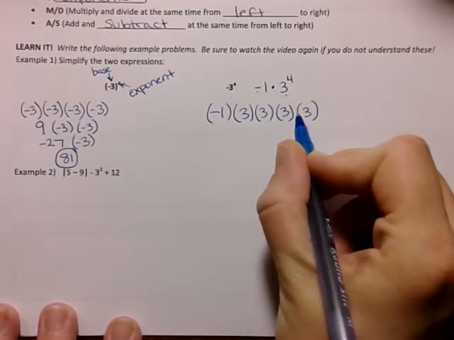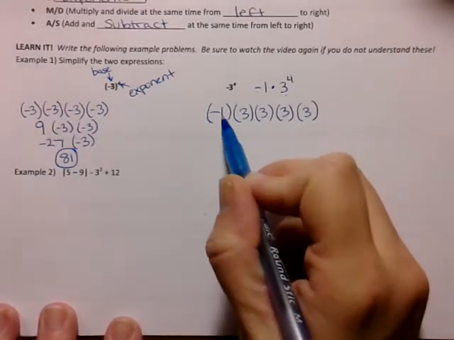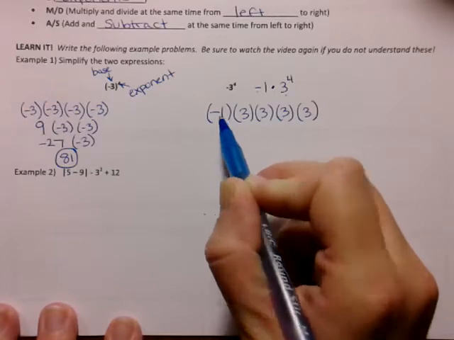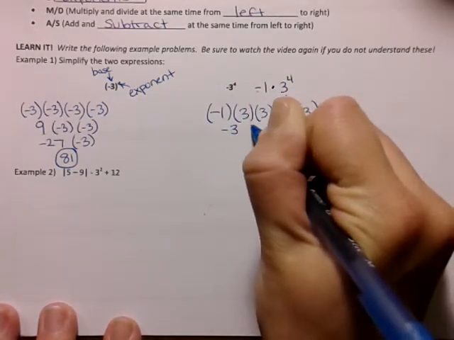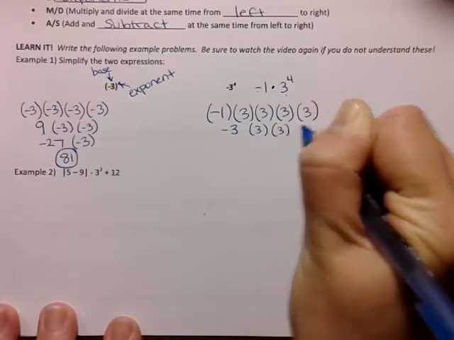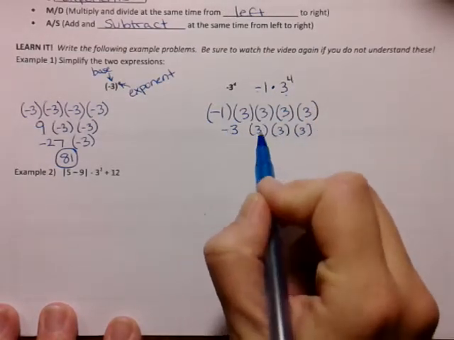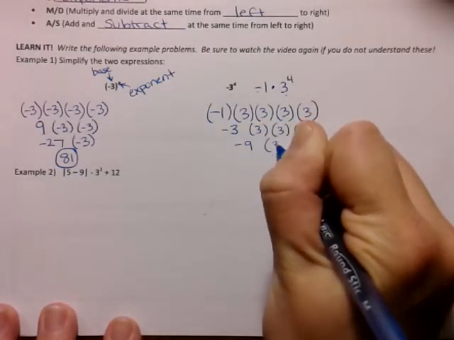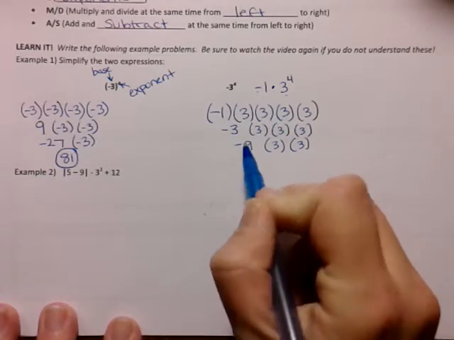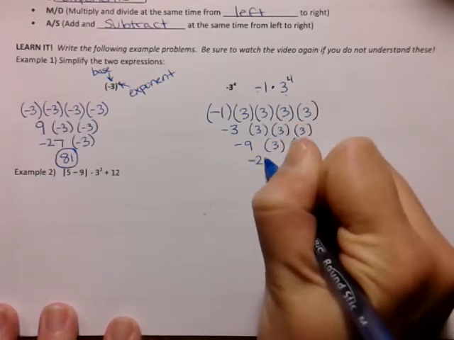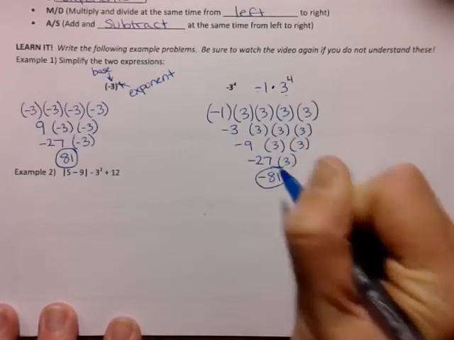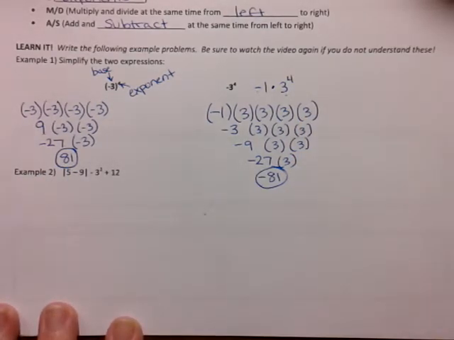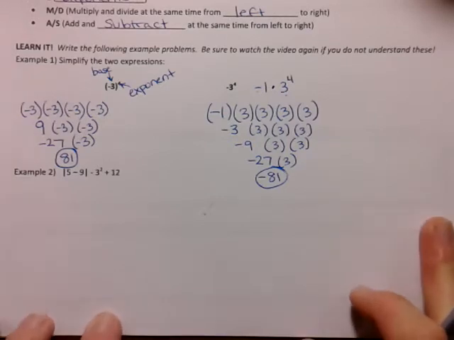So there's four 3's, but they're not negative because the -1 has already been taken care of here. So if we work this out, -1 times 3 is -3, times 3 times 3. -3 times 3 is -9, times 3 times 3. -9 times 3 is -27, times 3 gives you -81. 81 is not the same as -81. These are not the same.